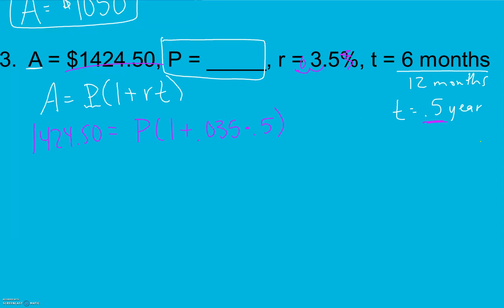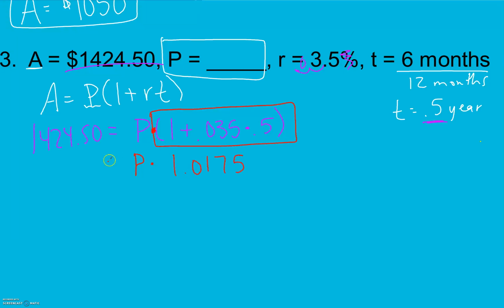Now, to solve this, we need to simplify both sides the best that we can. On the right side, I can do what's inside my parentheses. 1 plus 0.035 times 0.05. When I multiply all that out here, I get 1.0175.